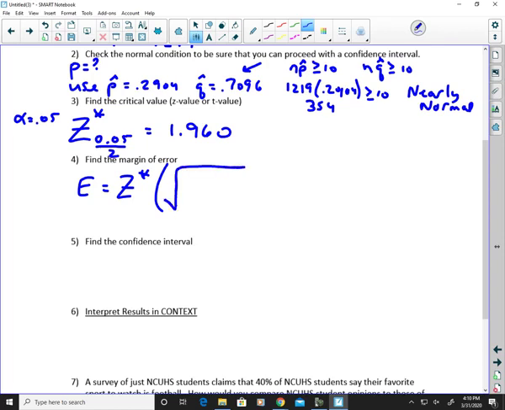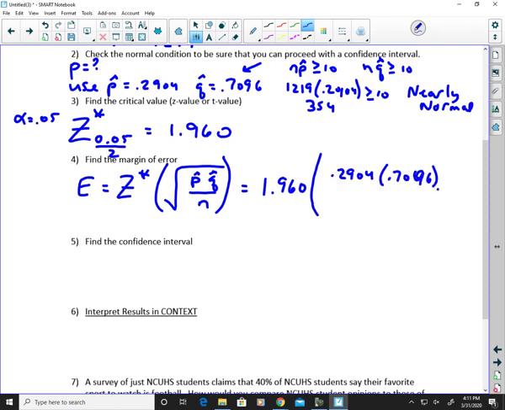But then this formula uses p hat, q hat over n, so we're going to put all that into here, and then punch it into the calculator: 0.2904, 0.7096, and the sample size, there were 1,219 people, and I have to put the square root over the whole thing.